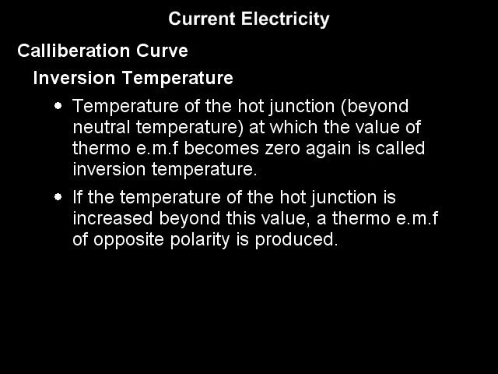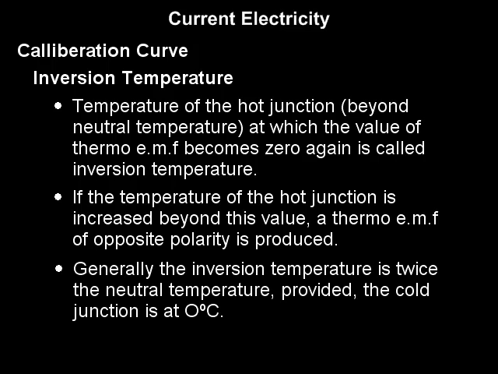If the temperature of the hot junction is increased beyond this value, a thermo EMF of opposite polarity is produced. Generally, the inversion temperature is twice the neutral temperature provided the cold junction is at 0 degrees Celsius.